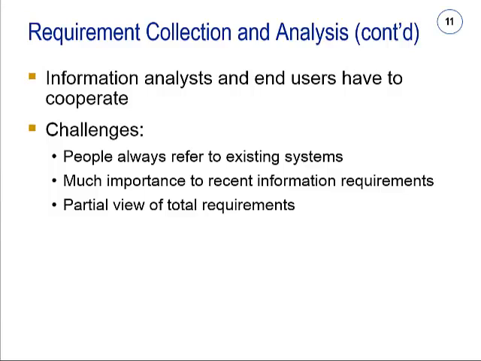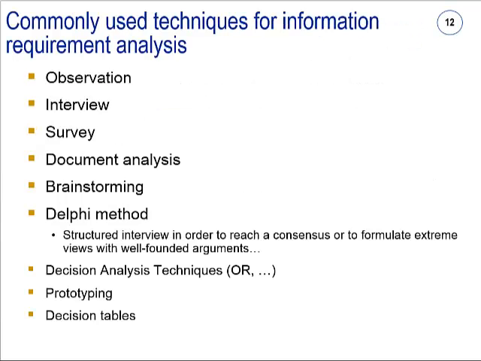Fortunately, there are a couple of techniques that can assist us with this. And the first one is observation. That means that as an information architect or analyst, you're going to immerse yourself within the business process and start observing people.